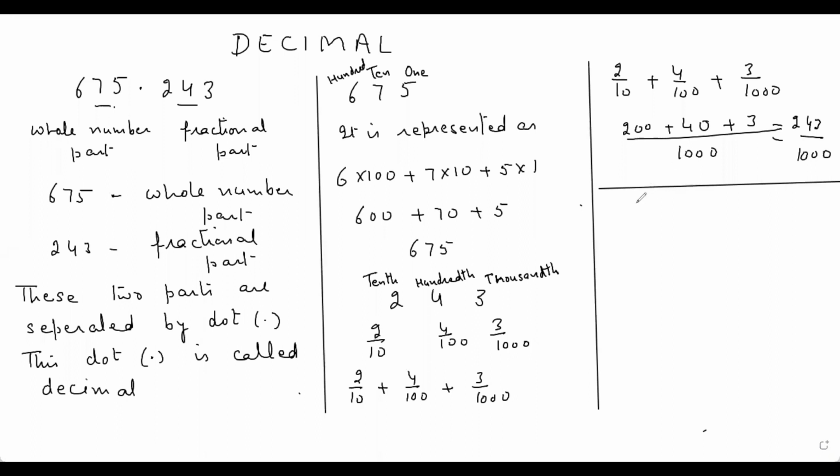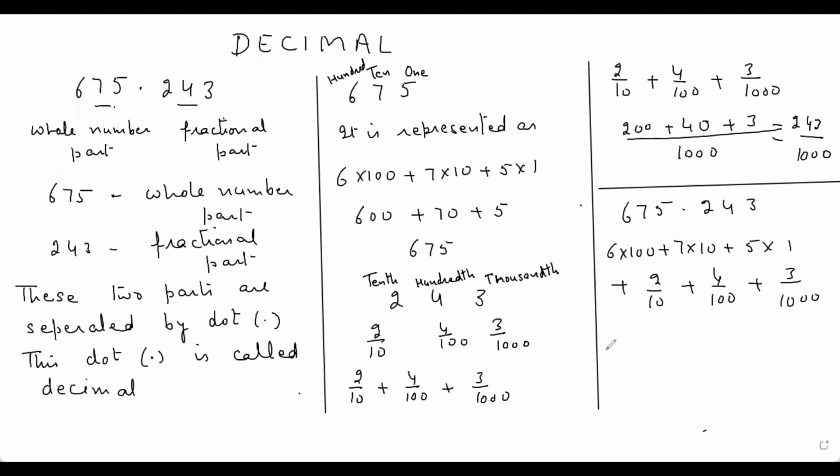Now I'm going to represent this number, 675.243. So what we have done so far, this is 6 into 100 plus 7 into 10 plus 5 into 1 plus 2 by 10 plus 4 by 100 plus 3 by 1000.